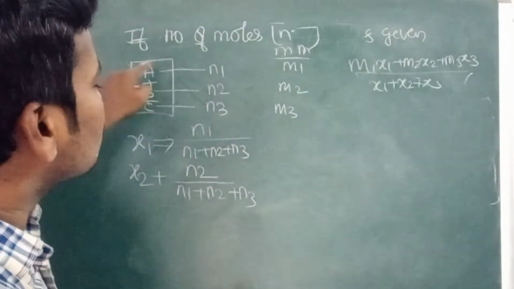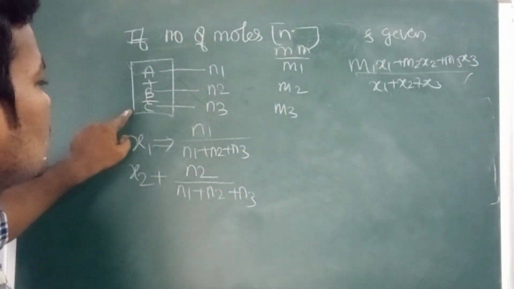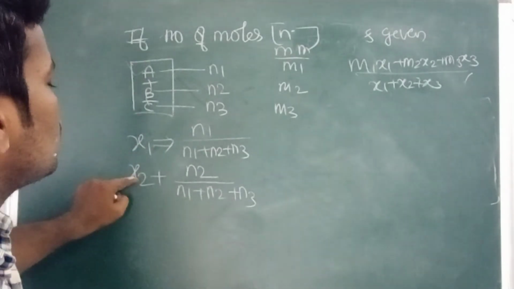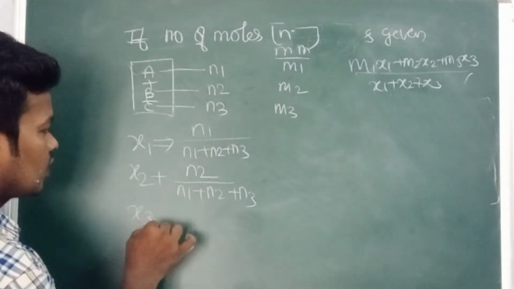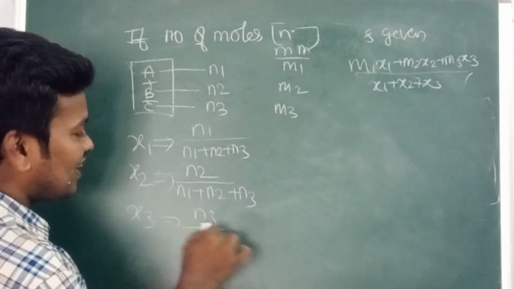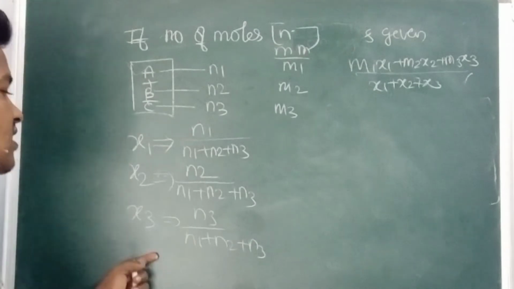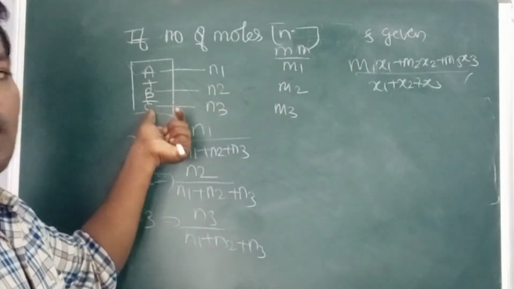N1 is the number of moles of A, N2 is the number of moles of B, N3 is the number of moles of C. X1 is the abundance percentage of A, X2 is the abundance or mole percentage of B. Now X3 is equal to N3 by N1 plus N2 plus N3. X3 is nothing but the abundance percentage, the moles of C.